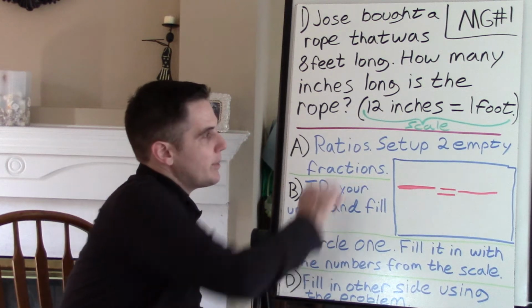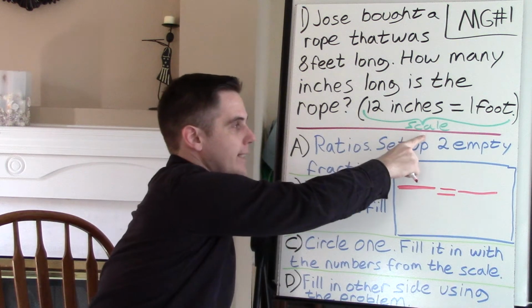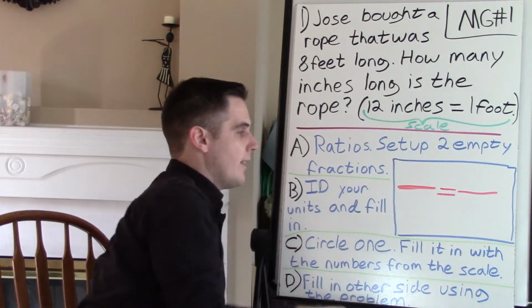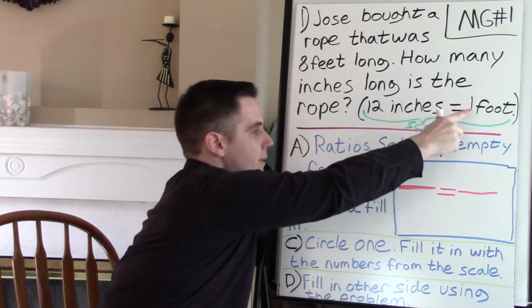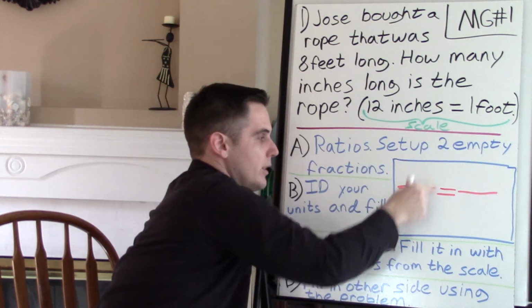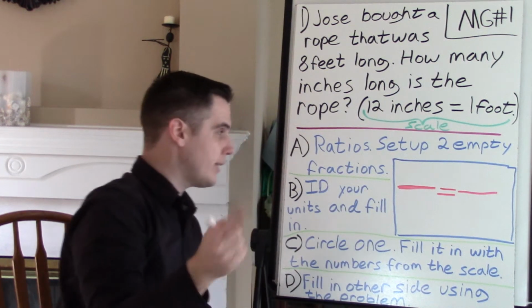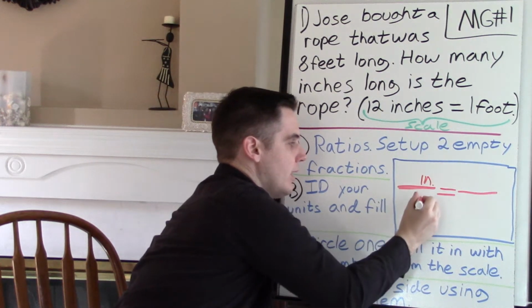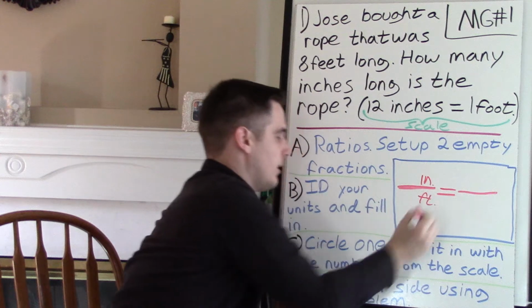So in this case, because they've clearly defined what's known as the scale, you could just pull those down. So we're going to do inches and feet. Starting with one side, we're going to pick one to go on top and one to go on bottom. Doesn't matter which one you pick, just put one on top, one on bottom. I'm going to go with inches on top and feet on the bottom.